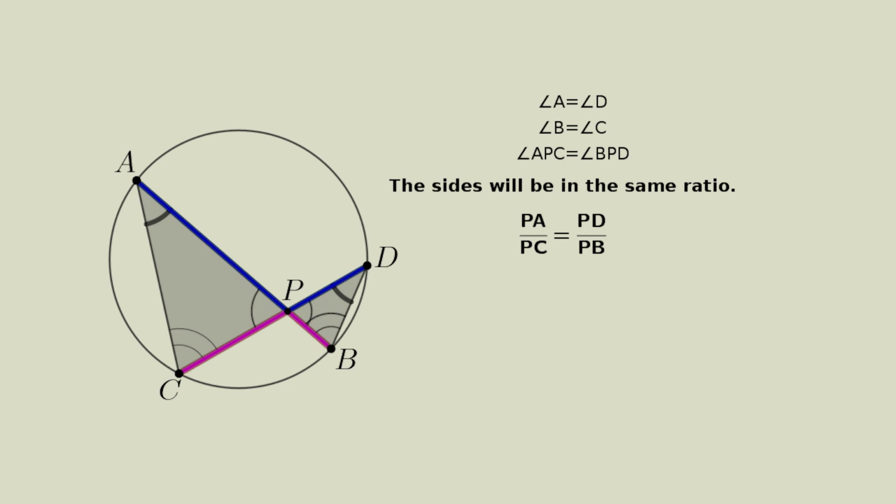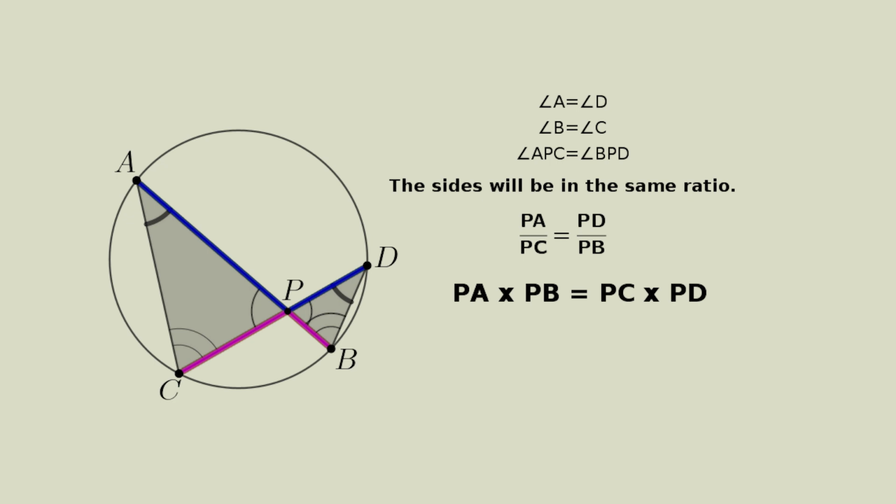Cross multiplying on both sides, we have PA multiplied by PB equals PC multiplied by PD. Now what are PA, PB, PC and PD? They are the four parts when the chords intersect, and we have a relation between them.